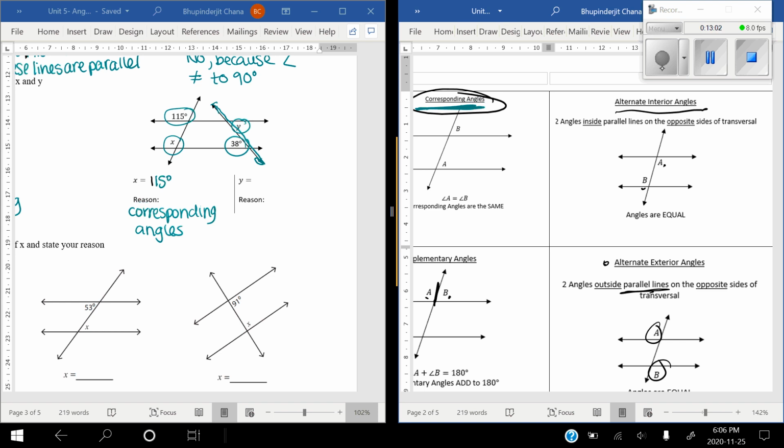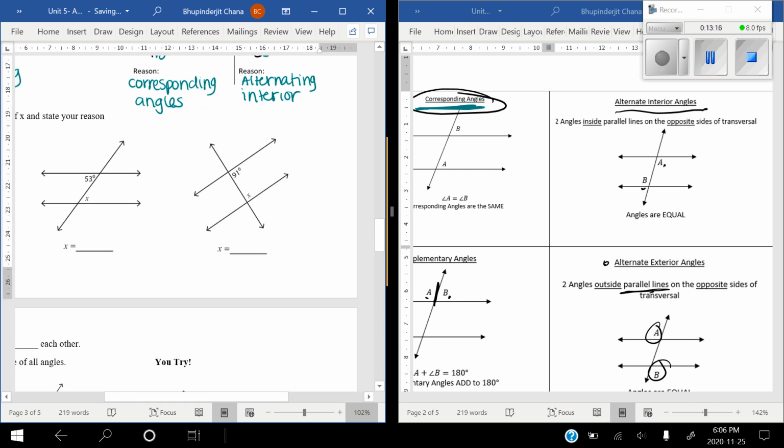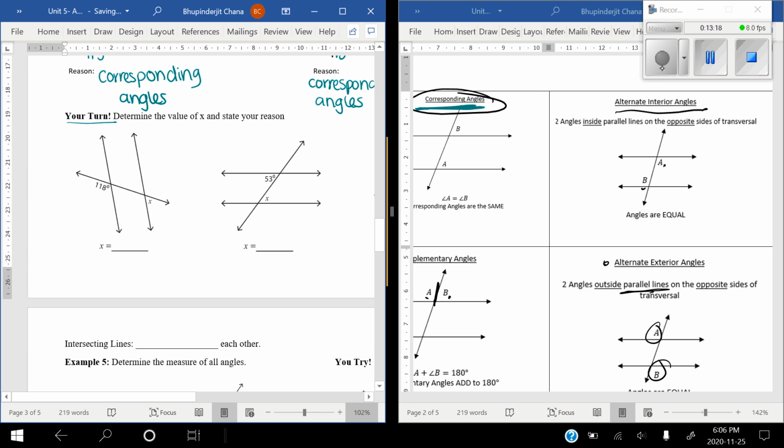So if they are alternating interior, this would be 38 degrees, and the reason would be alternating interior. All right, let's keep going. It's your turn, so I'm going to pause and give you a moment, and you can then unpause and check your answers when you're ready.